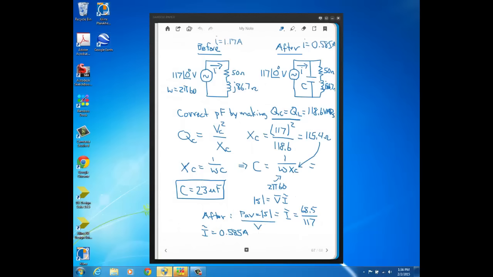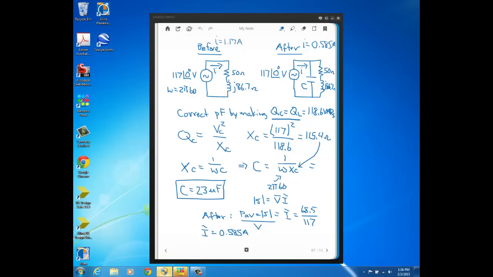If we look at this circuit here, we want to see, is the performance of our motor changed after we correct the power factor? And the way to answer that question is by looking at the current through the motor. The current through the motor is what creates the magnetic field that produces the torque inside a motor. So if the current is maintained through a motor, its performance will be maintained.